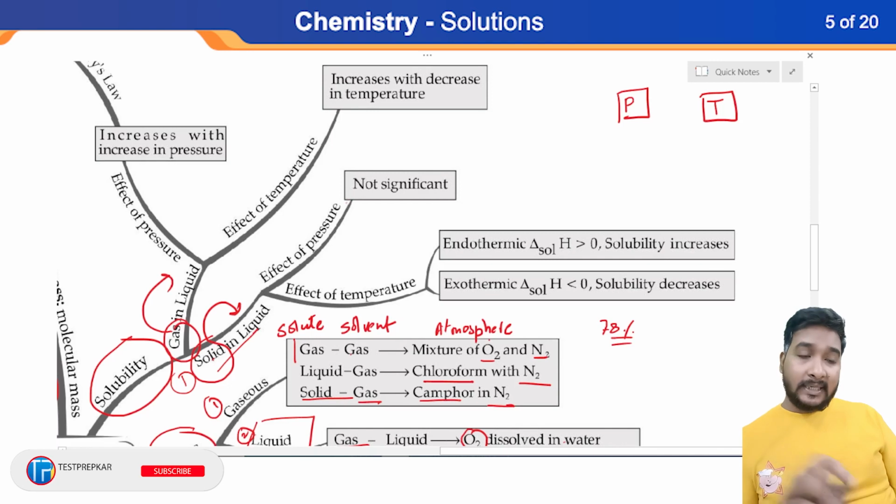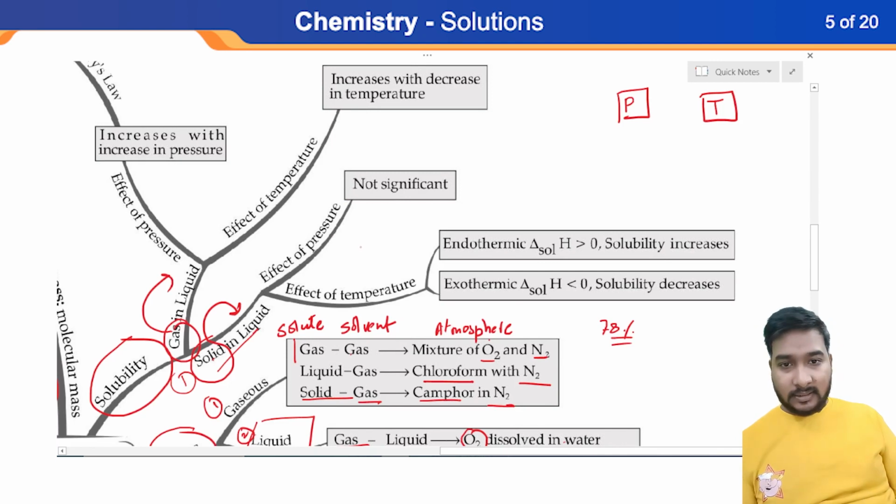So in solid and liquid, there is no need for pressure. The effect of pressure will not affect the solubility, in simple words. But temperature plays a key role here.